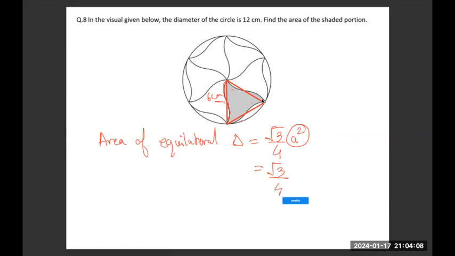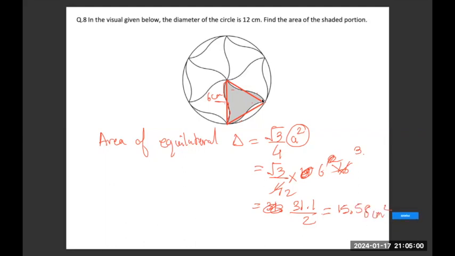This will be equal to √3/4 into 6 square, not 12, which will be approximately 15.58 centimeters square.